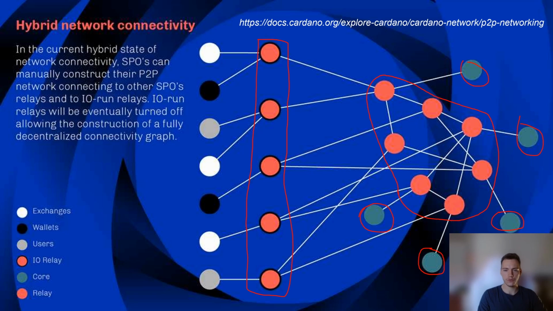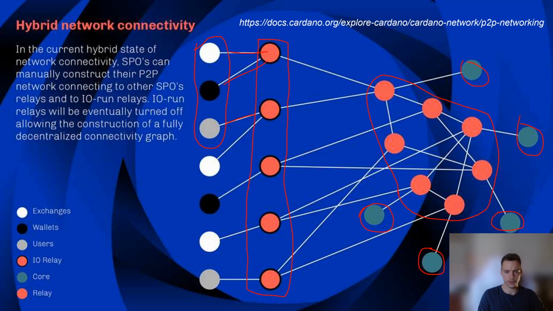So SPO relays can connect to IOG relays in order to sync the blockchain, and exchanges, apps, and users still can connect to IOG relays.